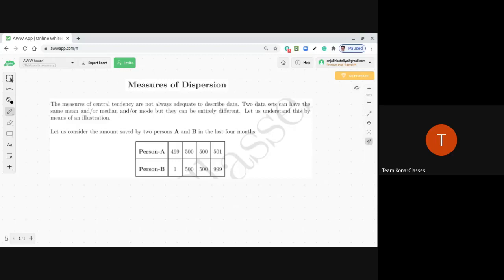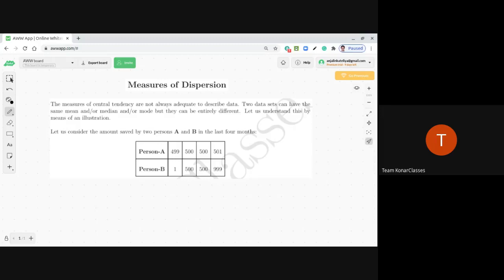As you see, dear students, there are two persons, person A and person B, and the data in front of the screen are the amount saved by these two persons in the last 4 months. Person A saved rupees 499, 500, 500 and 501 in the first, second, third and fourth month respectively.